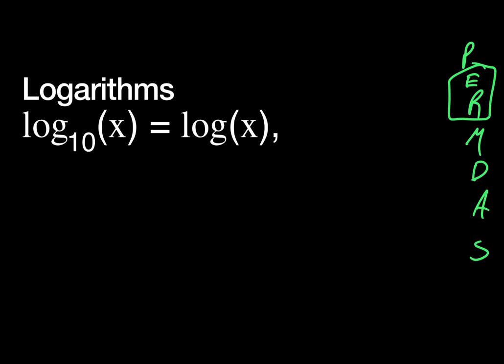If I had a equals b to the c, where a, b, and c are numbers or variables, it doesn't really matter, I can also write that as log base b of a equals c.